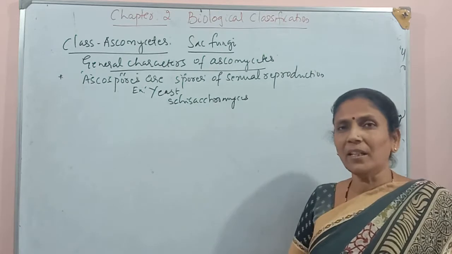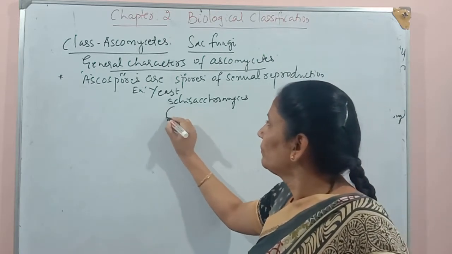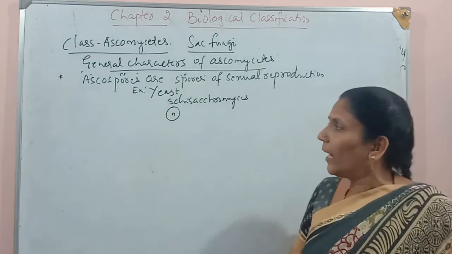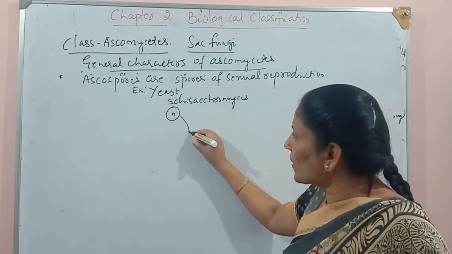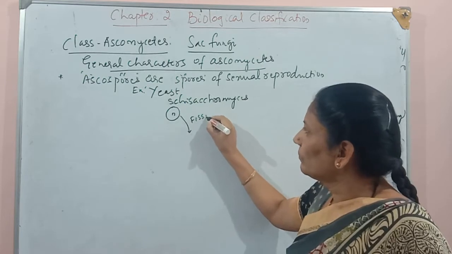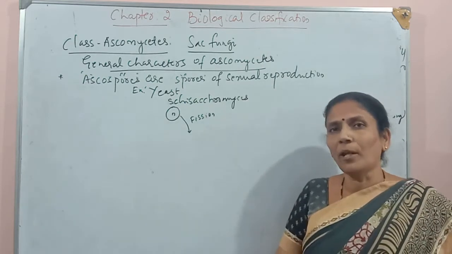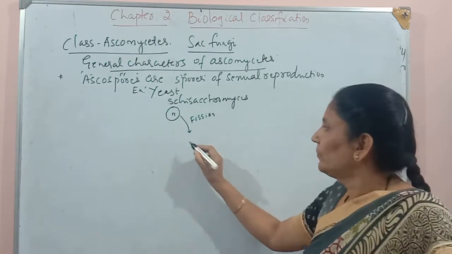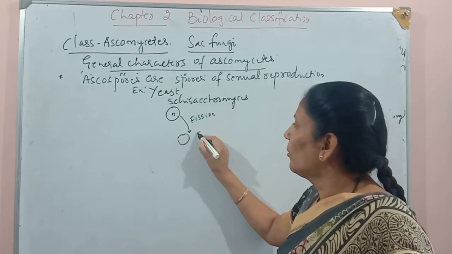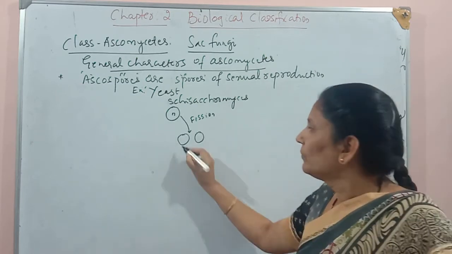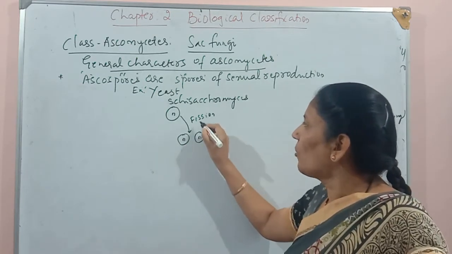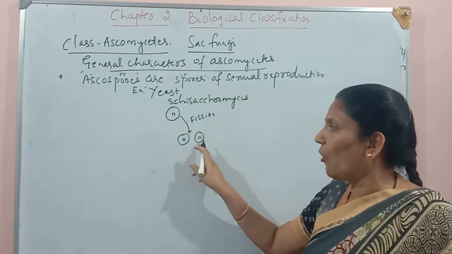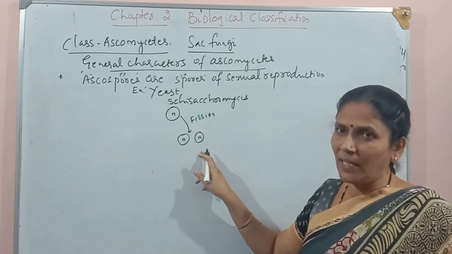The original parental cell is haploid. This haploid cell undergoes a process called fission. A single cell divides into two cells, both haploid.